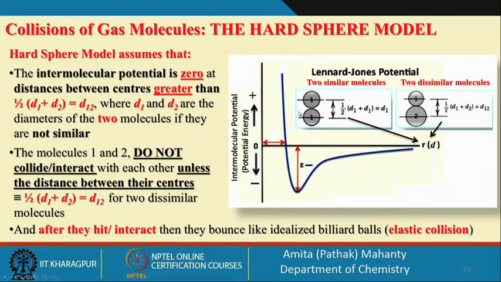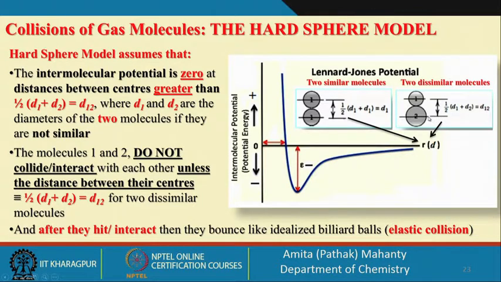These are the two diagrams you should understand. This is becoming d1 because both the diameters are equal. So, d1 plus d1 equals 2 d1, and divided by 2 we are taking the half of the distance. So, the distance between the two nuclei or centers of the molecules is d1.